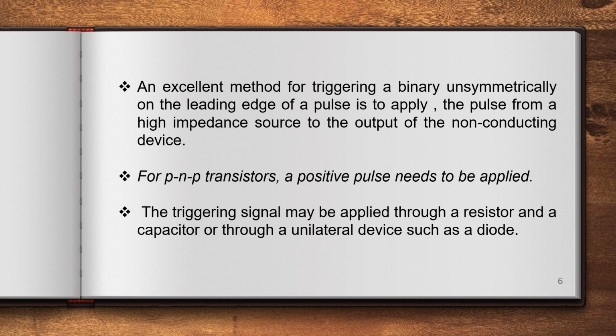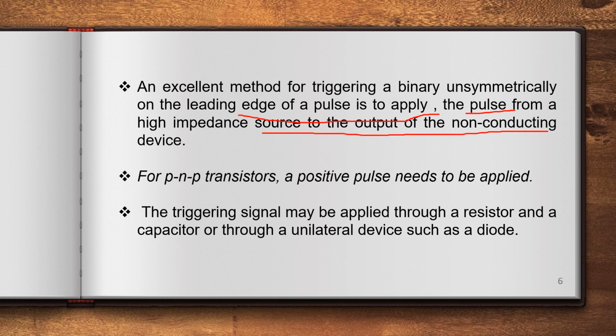An excellent method for triggering a bistable multivibrator is unsymmetrical triggering. In unsymmetrical triggering, the leading edge of a pulse is applied from a high impedance source to the output of the non-conducting device.